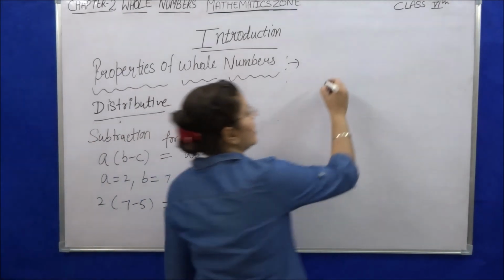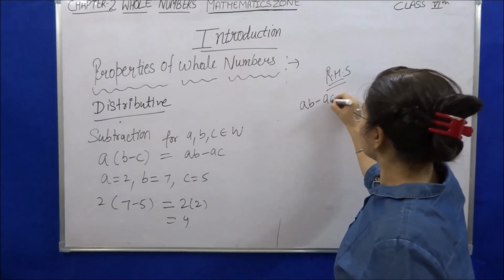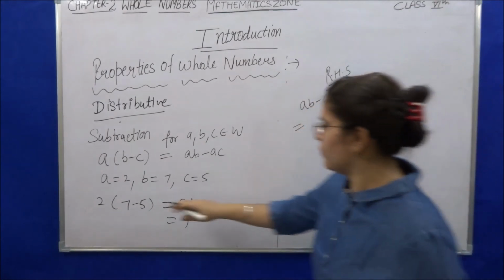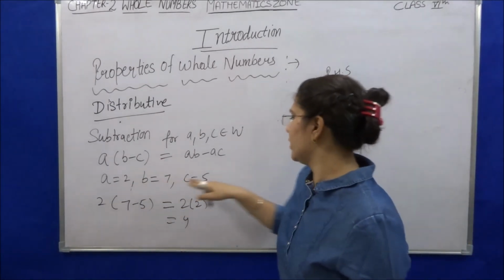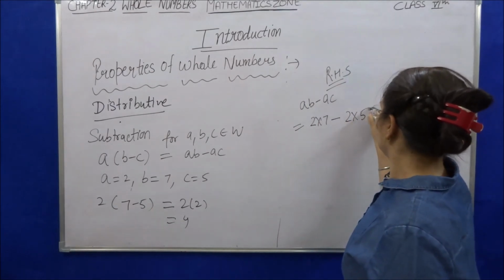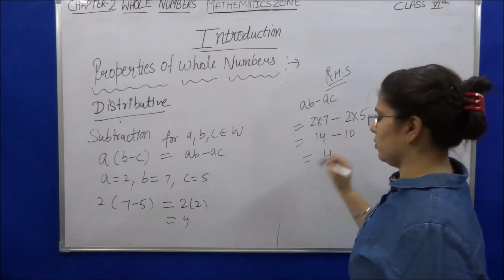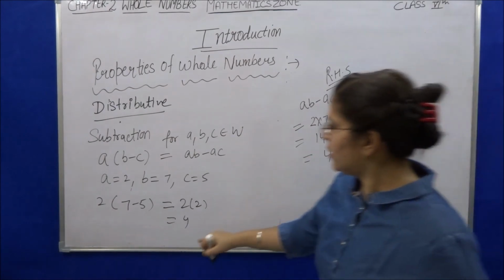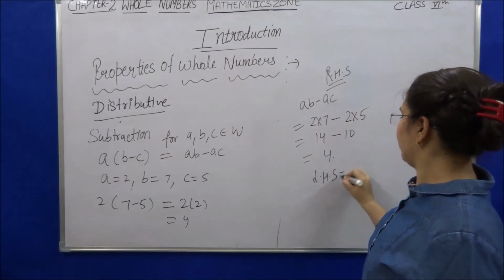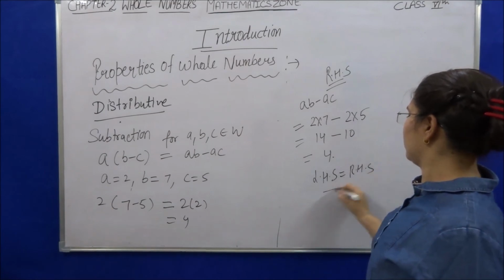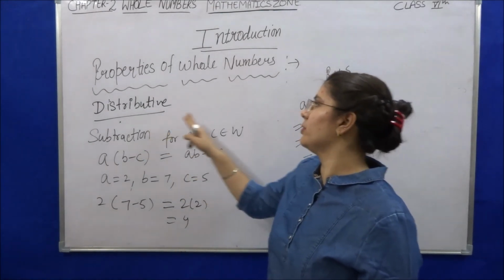Now solving the right hand side, AB minus AC is 2 multiplied by 7 minus 2 multiplied by 5. That is 14 minus 10. So here it will be 4. So left hand side is equal to right hand side. So by assuming these examples, in case of subtraction, the distributive property holds.